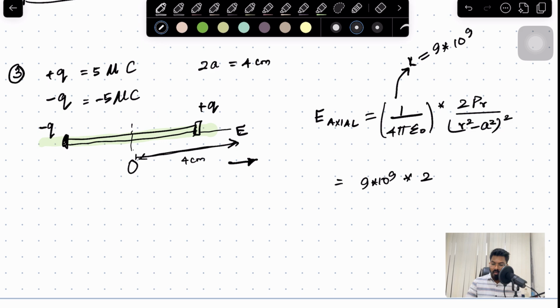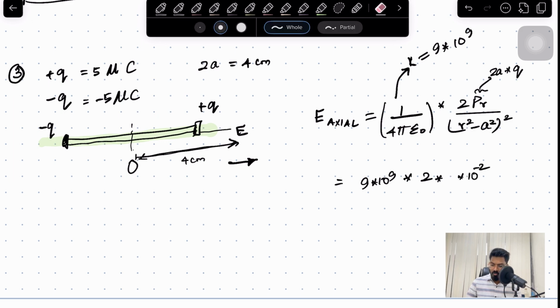2 into p r, I could change into 2a into q, that is the dipole moment. 2a is 4 centimeters, so 4 into 10 to the power minus 2.